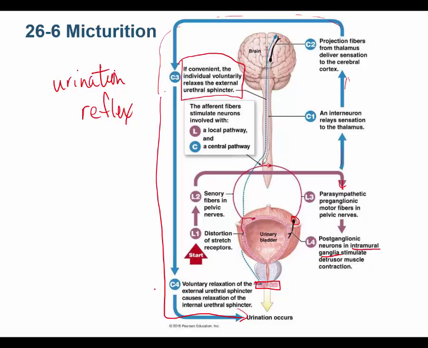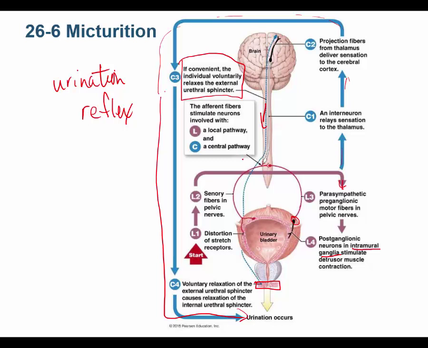Now, why do toddlers have to be potty trained? Because their descending corticospinal tracts are not well developed yet. This is just like the defecation reflex, if you recall that. They're not contracting their external urethral sphincter.